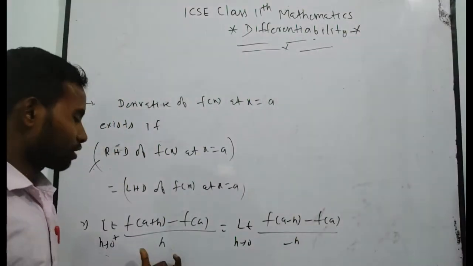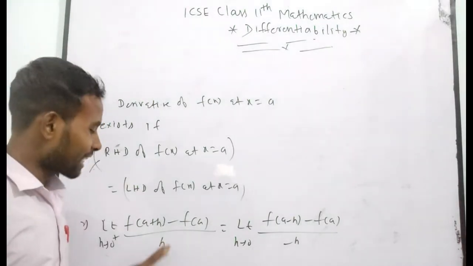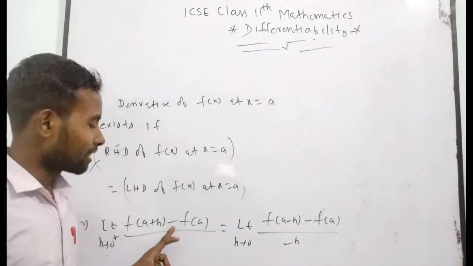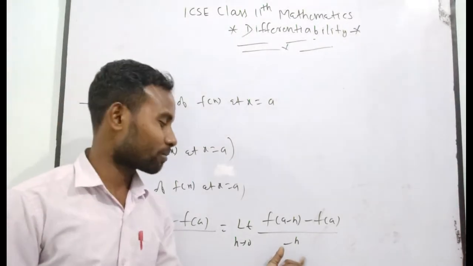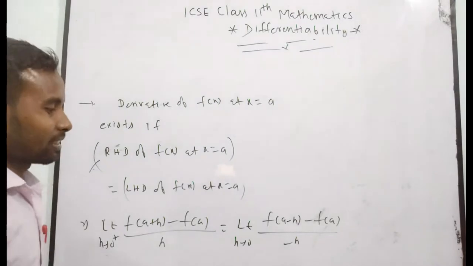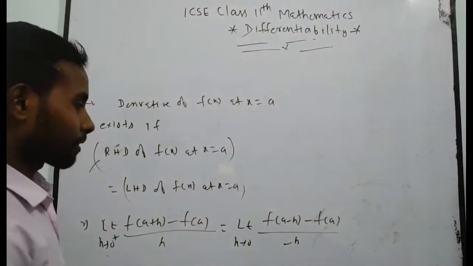So I always suggest you take the RHD, because in the RHD there is no minus. Here there is a minus, but in the denominator you always carry a negative sign, and it becomes something different.